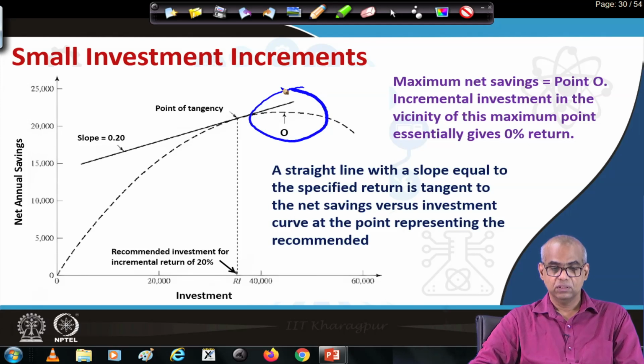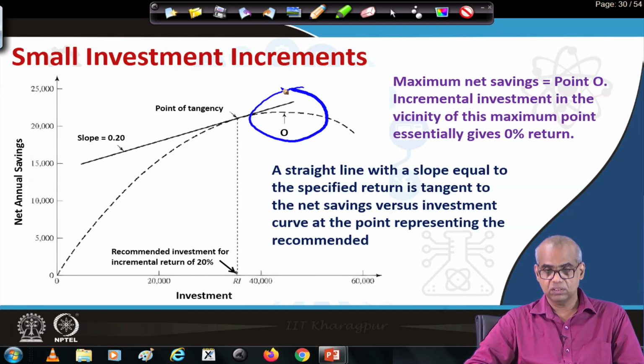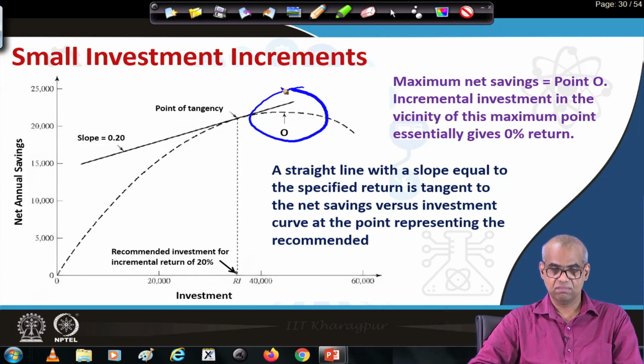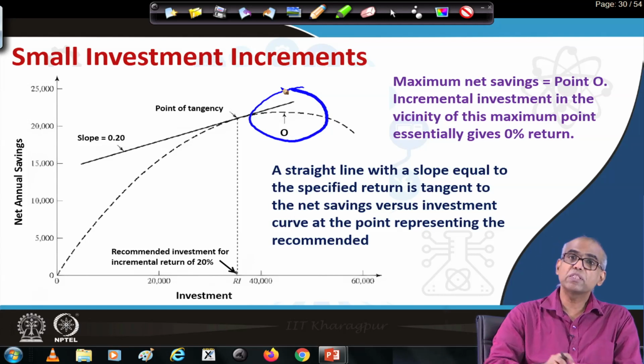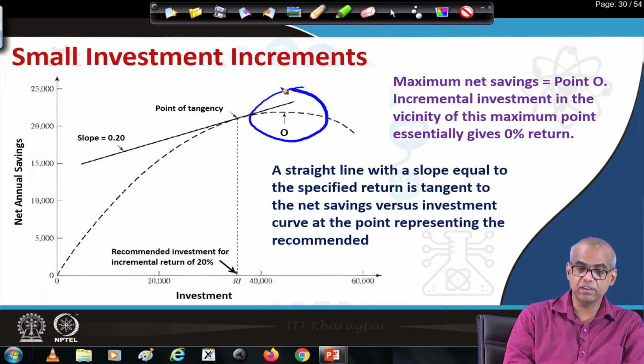So, to find out the investment for a given net savings, what you need to do is you first define the specified savings or specified return. Let us say I want 20% return.